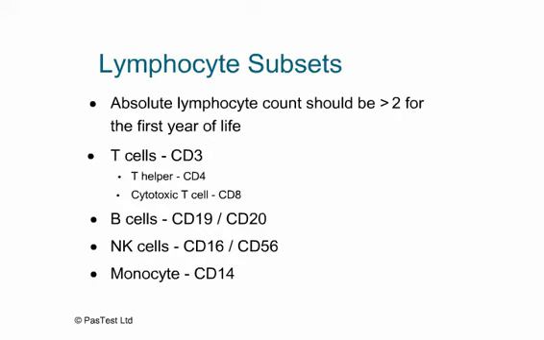And CD18 is a marker of an integrin, which is used to assess whether or not a child has a condition called leukocyte adhesion defect, which is a neutrophil disorder where the neutrophils are unable to home to sites of inflammation. So these children have a very high white cell count in the periphery, but are unable to mount normal neutrophil responses.